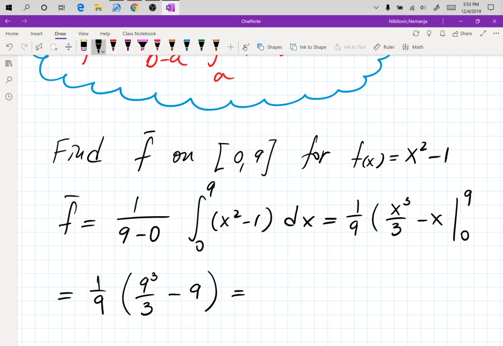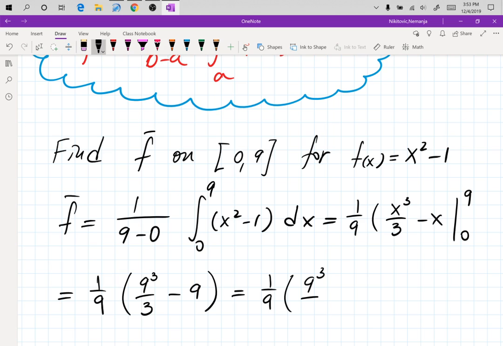Now, there are cute ways to compute this rather than immediately jumping to the calculator to see what 9 to the 3 is, because there are 9s everywhere.